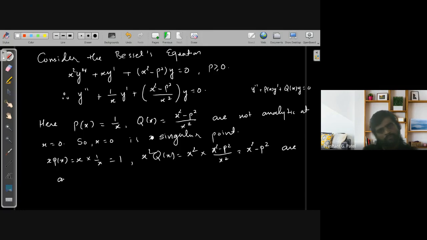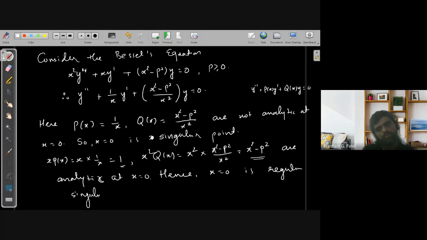Both are analytic at the point x equal to 0. That we can see because this is a constant function and this is x square minus p square. So therefore x equal to 0 is the regular singular point.